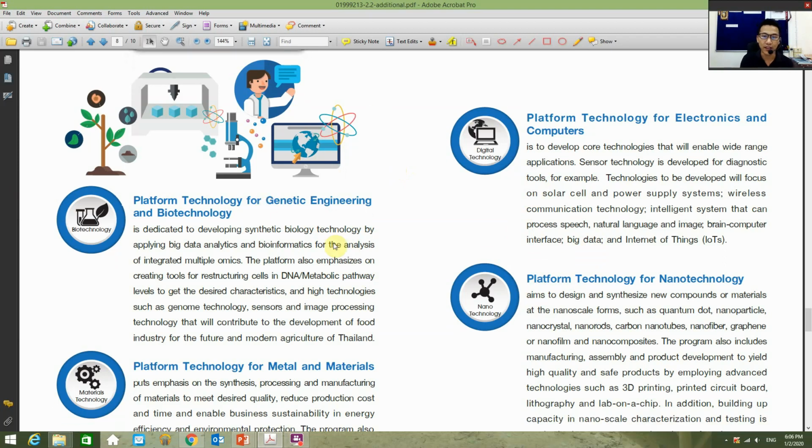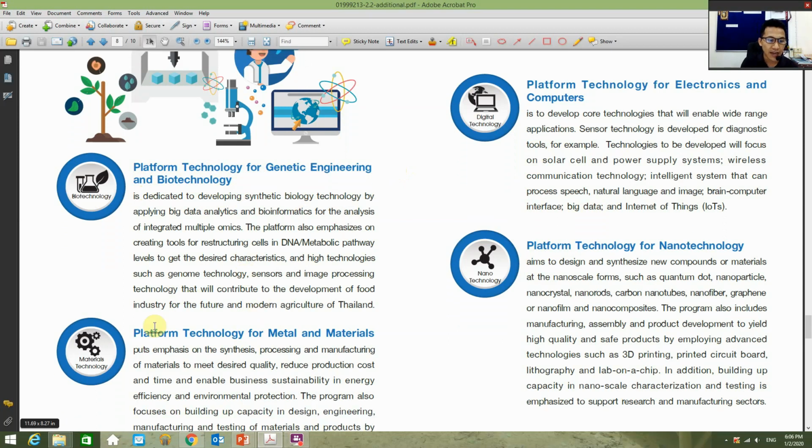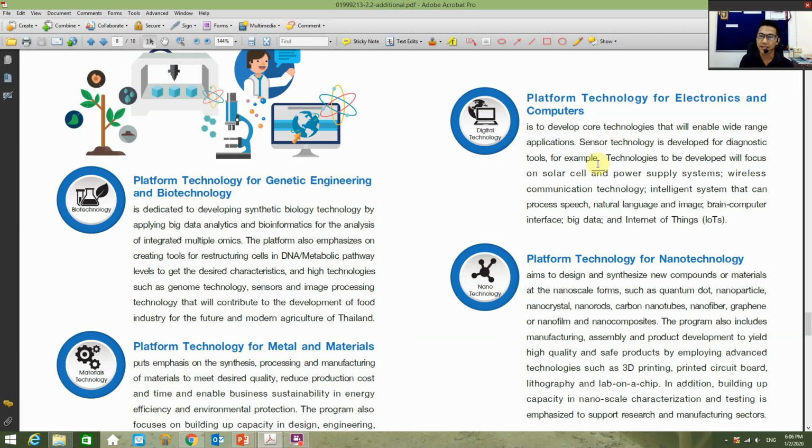All four are in here with slightly different names. The biotechnology will be the platform technology for genetic engineering and biotechnology. And you have a platform technology for metals and materials. And this one is the platform technology for electronics and computer. And the last one is nanotechnology. So they're all in the game.